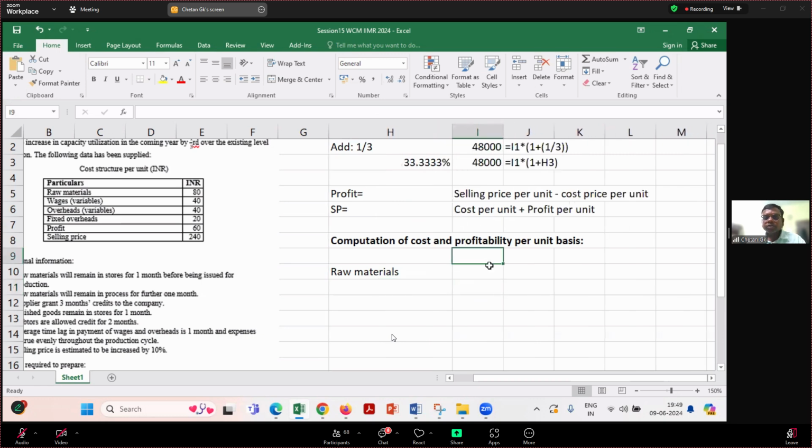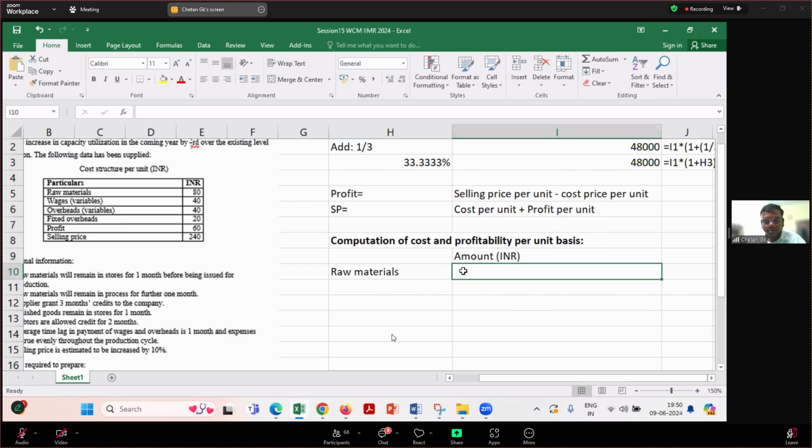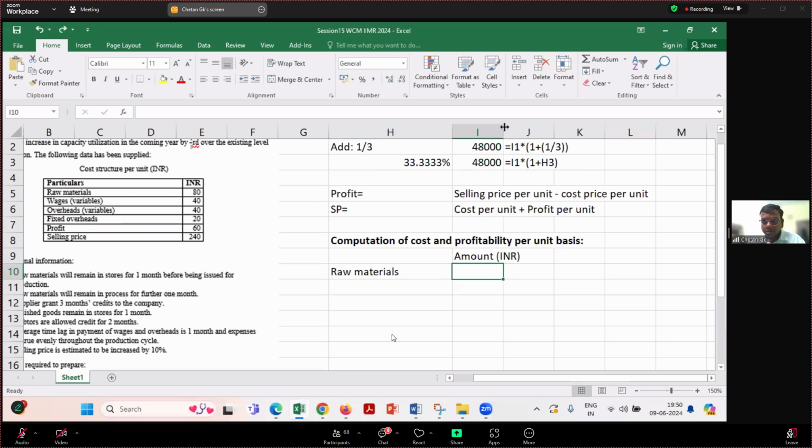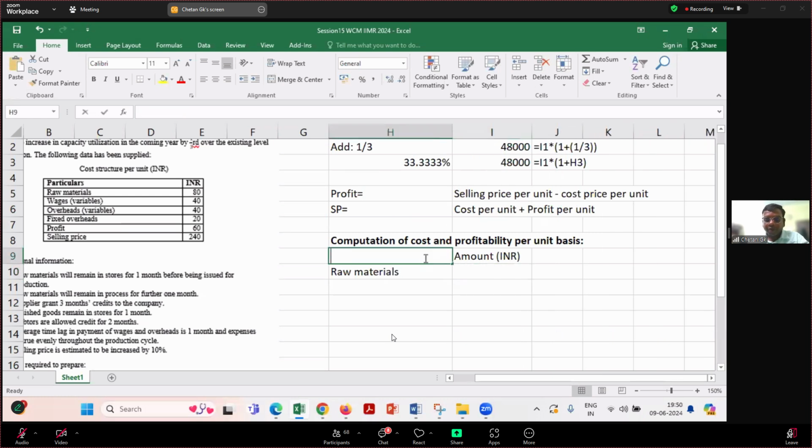I'm going to write the amount in INR, and this is my particulars. These are my headings.